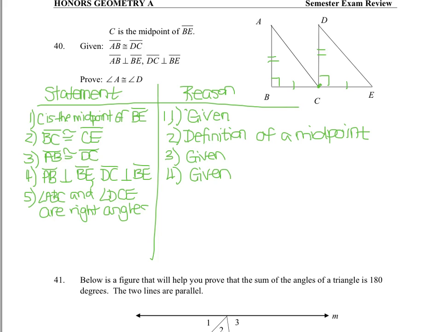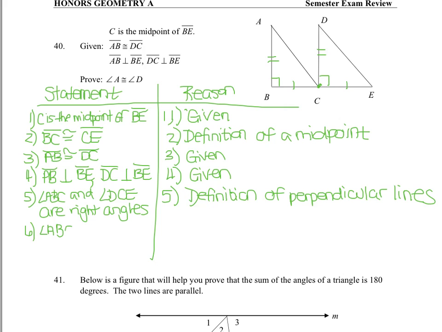And we can get that from the fact that the definition of perpendicular lines says so. So the definition of perpendicular lines says that this angle and this angle are both right angles. Well, this also tells us that angle ABC is congruent to angle DCE. And the reason for that is all right angles are congruent.